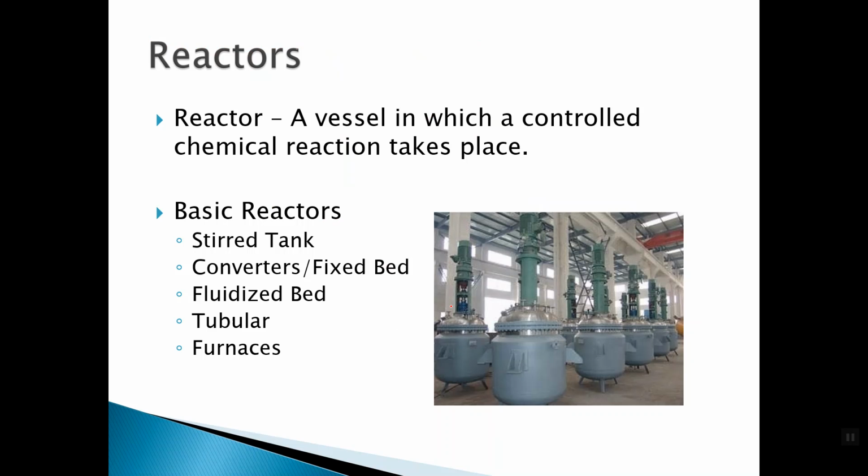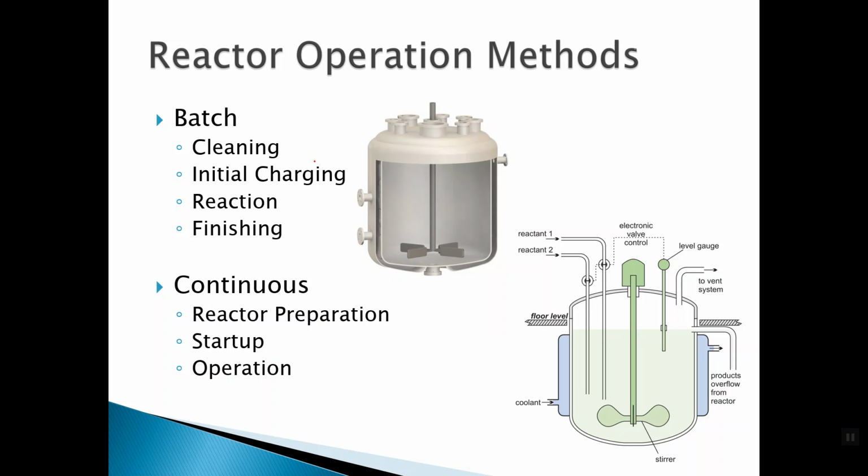The next part of this is getting into the 5 main types of reactors. Make sure you know those. A vessel in which a controlled reaction takes place. Before we get into those, the 2 main types of operation methods, batch and continuous. Batch, think of that as like your process of cooking supper. You put everything in a pot, you cook it, and then it's finished, and it's done.